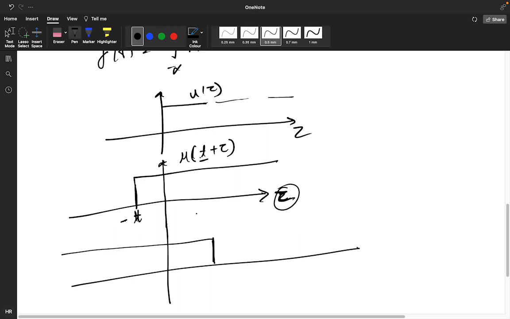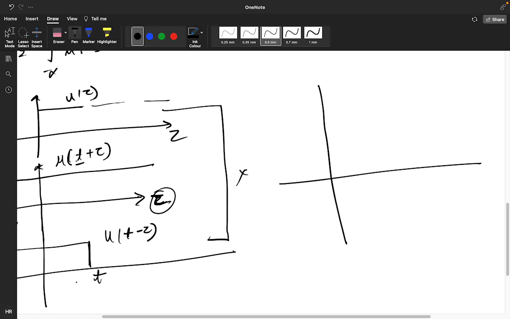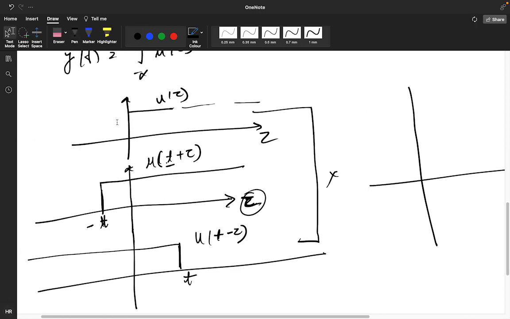So all the things will become positive. So t, I am getting u of t minus tau. So I got u of tau, I got u of t minus tau. Then these two signals are multiplied. If I multiply these two signals, I will get the result, because this part is negative, this part is 0. So 0 multiplied with 1 will give you 0 only, and you will get this part only up to t.